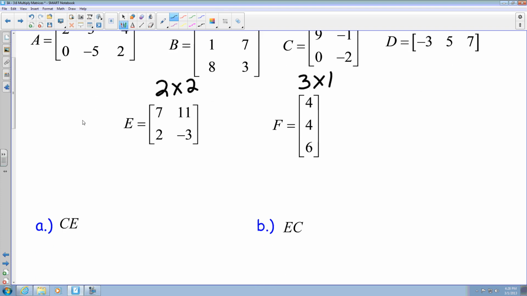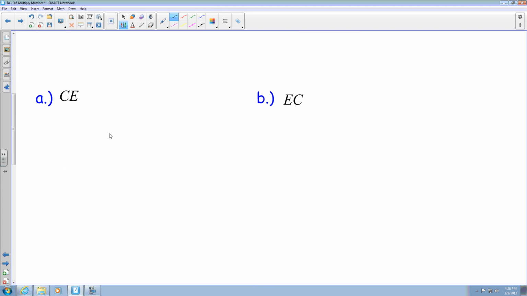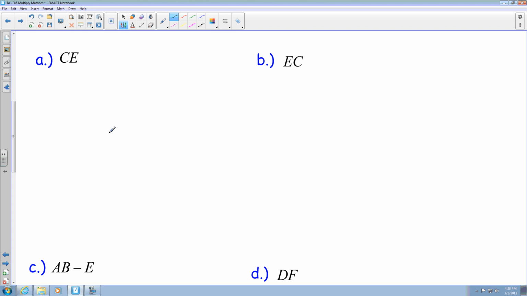So when I go to my examples here, it says C times E. So what they want you to do is take the matrix C, take those values and multiply it by matrix E. So I'm going to plug in that matrix. C happens to be 9, -1, 0, -2.